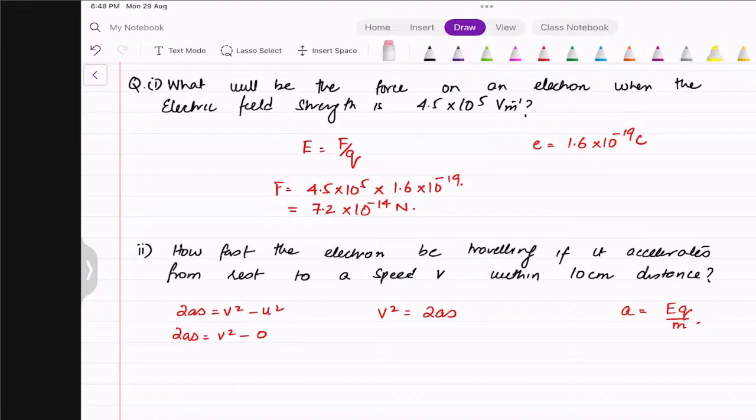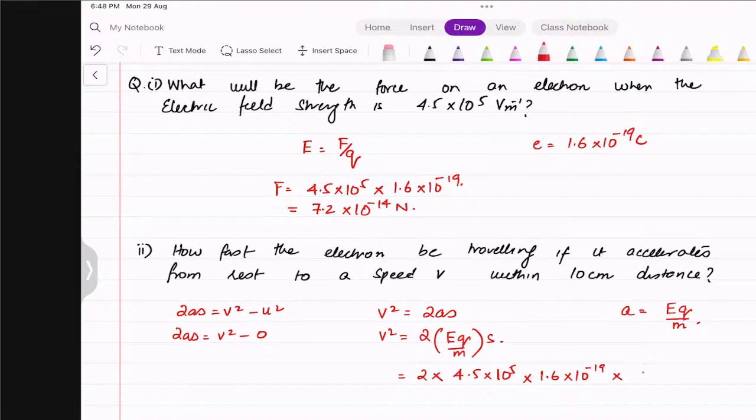So we can write this equation as v square equals 2 eq upon m times the displacement. So let's put in the values. 2 times 4.5 times 10 raised to 5 multiplied by 1.6 times 10 raised to minus 19 multiplied by the displacement, which was 10 centimeters. So I'm going to change that to meters.